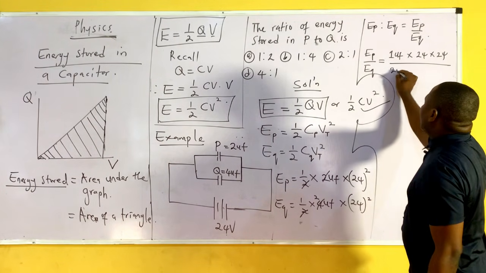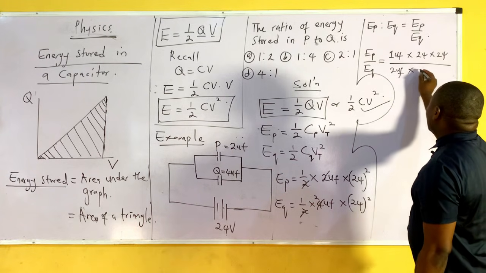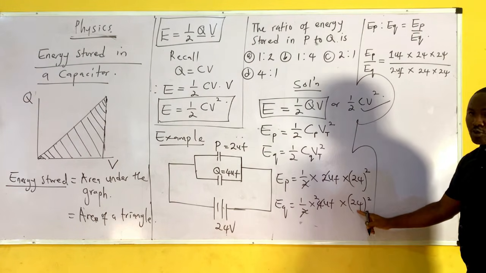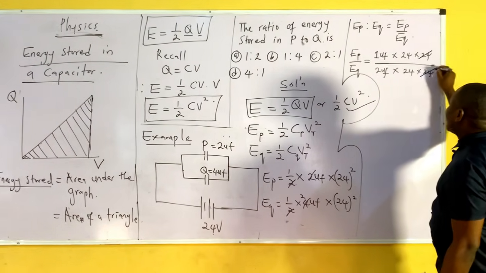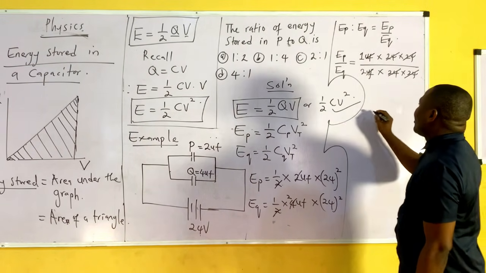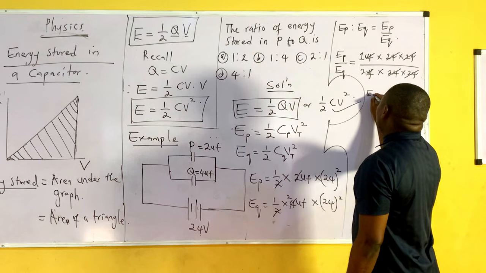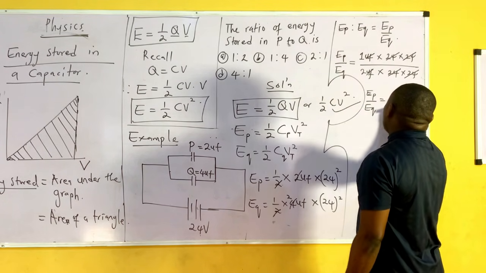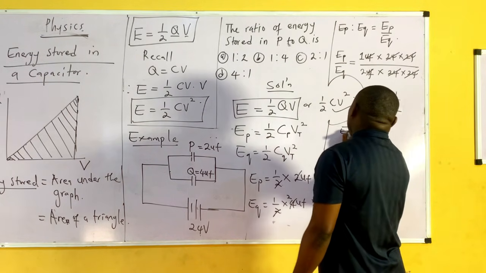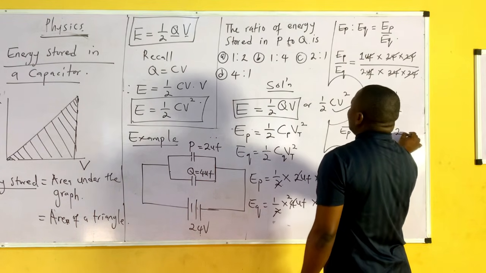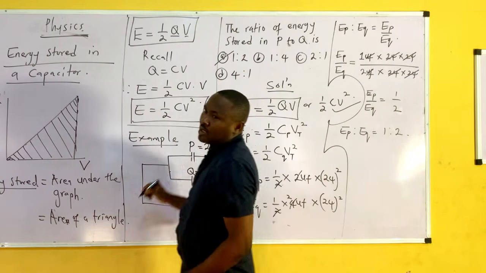I have 2 microfarad times another 24 squared. So this cancels out, this cancels out, and microfarad cancels microfarad. So EP over EQ is equal to 1 over 2. So EP ratio EQ is 1 ratio 2. So the right answer is A. Thank you.